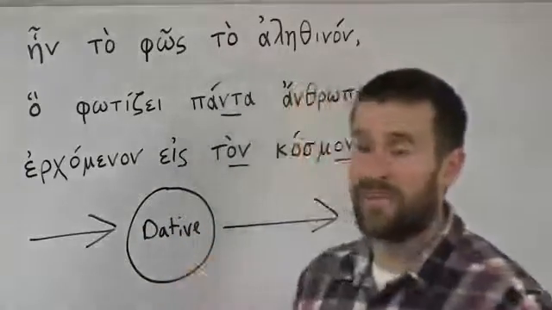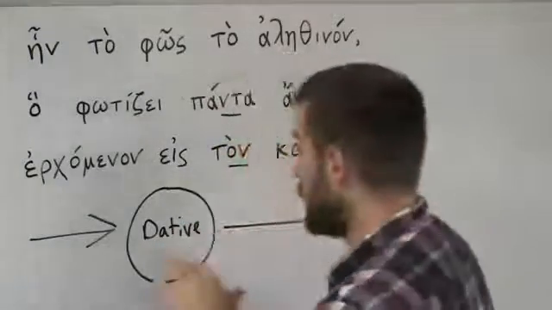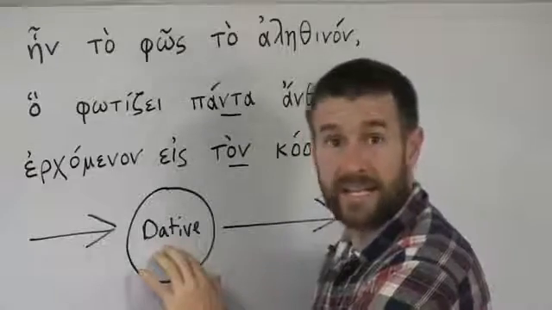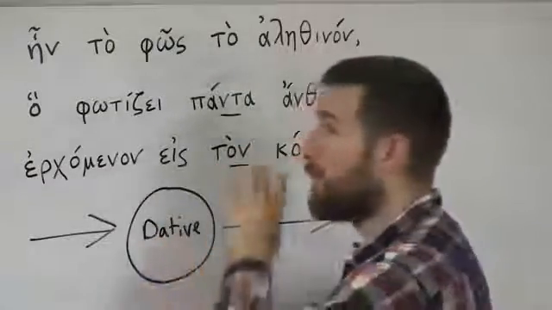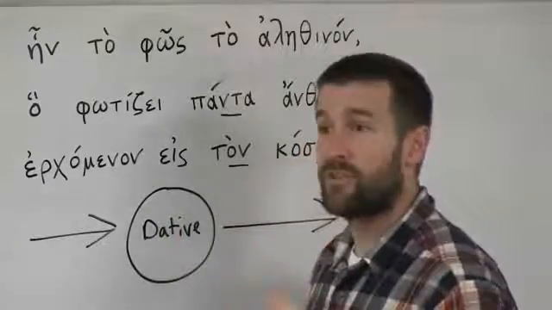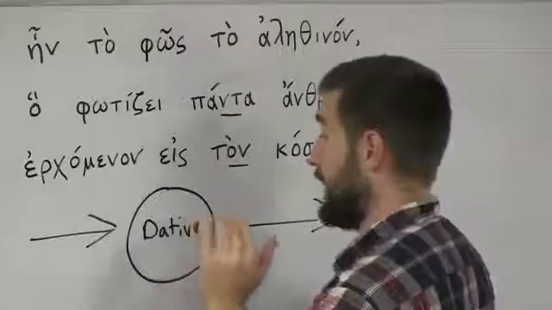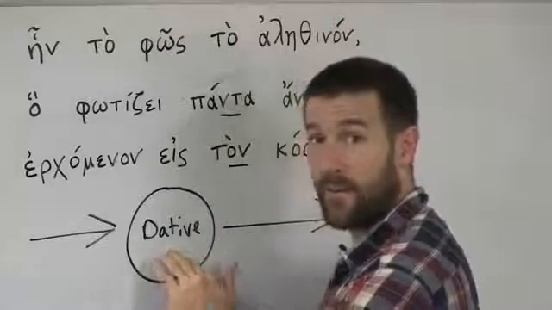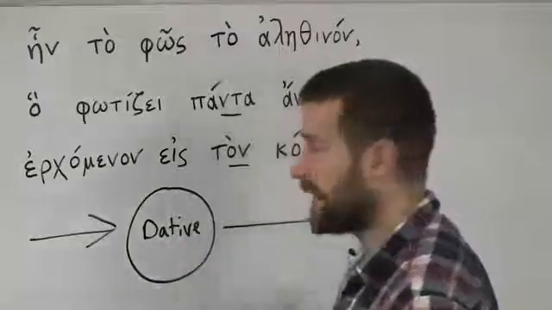For example, something that was in something else was in the dative case: en arche, in the beginning. It's just there. So prepositions that have to do with something spatially located in a certain place, like en arche, in the beginning, whether time or space, are going to be dative.